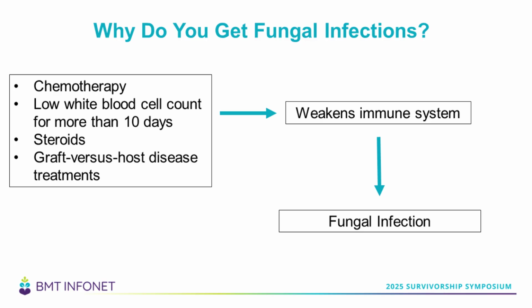Patients can develop fungal infections due to different factors, including receiving chemotherapy, which lowers your white blood cell count for extended periods of time, being treated with steroids, which impact the way your immune system functions, and developing something called graft versus host disease after allogeneic transplant, which when treated, the treatments can often weaken the immune system.